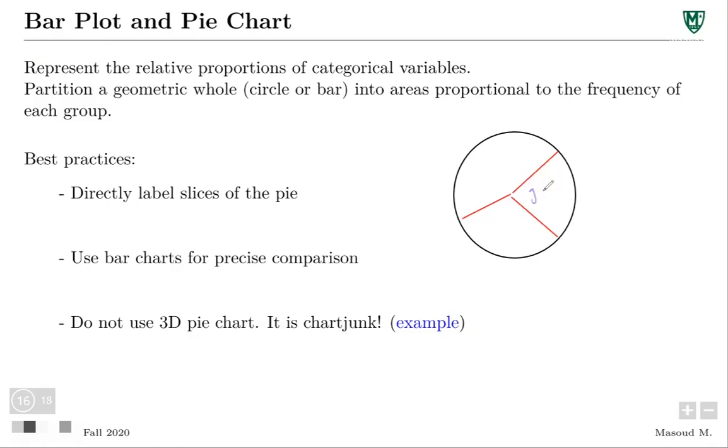So let's say this is the number of jeans. This is the number of shirts sold. Just put the title, number of products sold in one day. So that's what the first one is trying to say. Just directly put it on this slice.